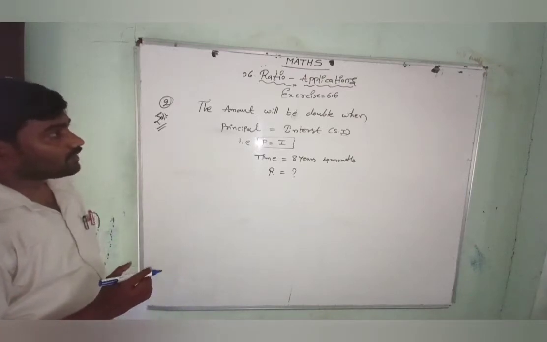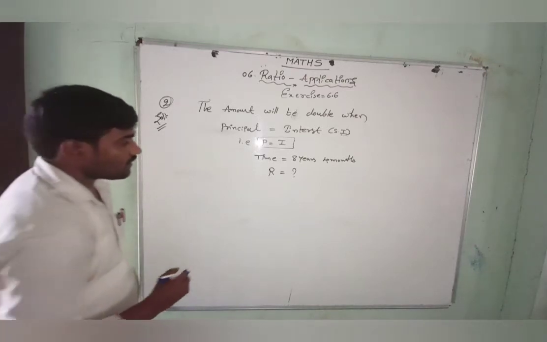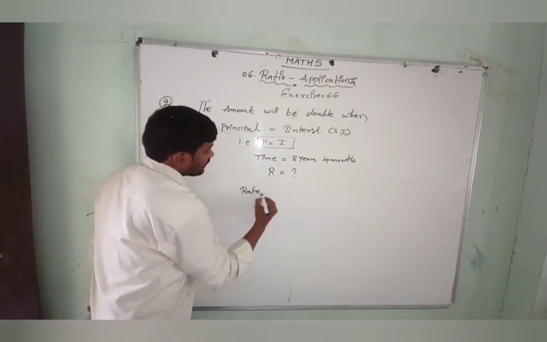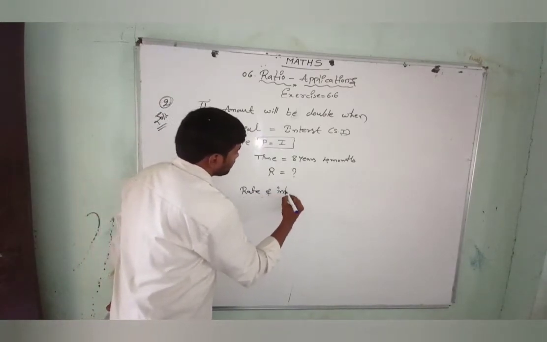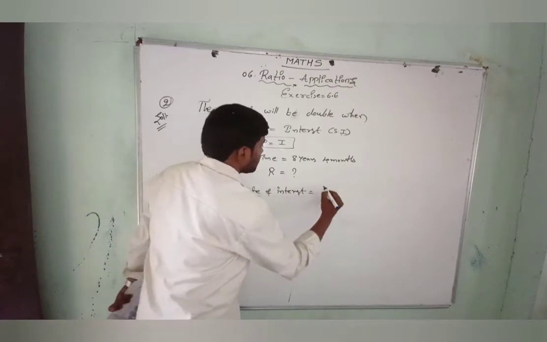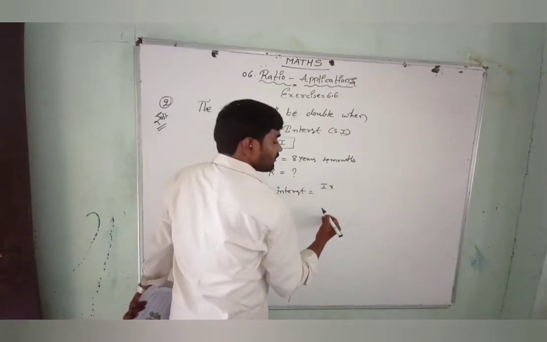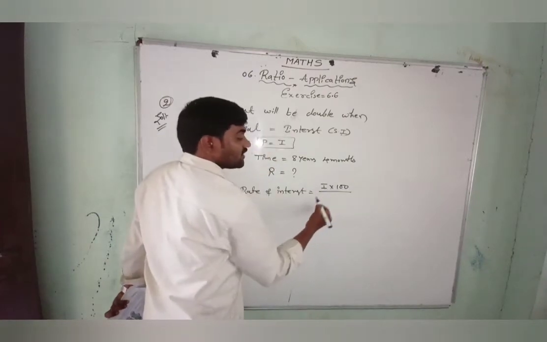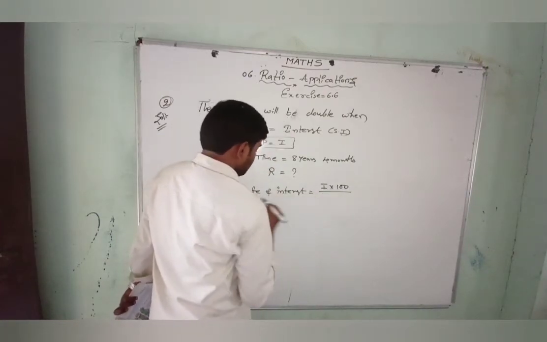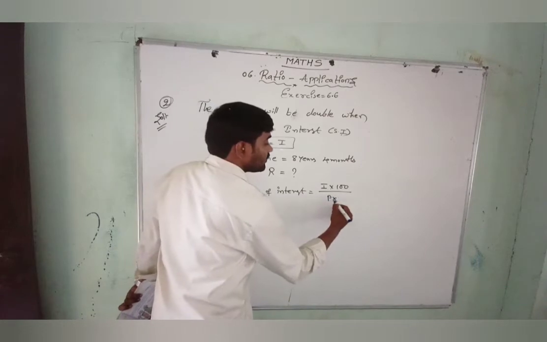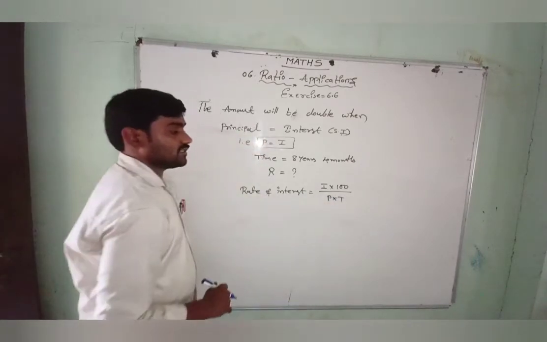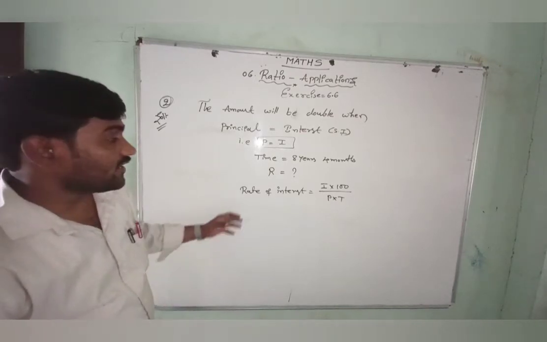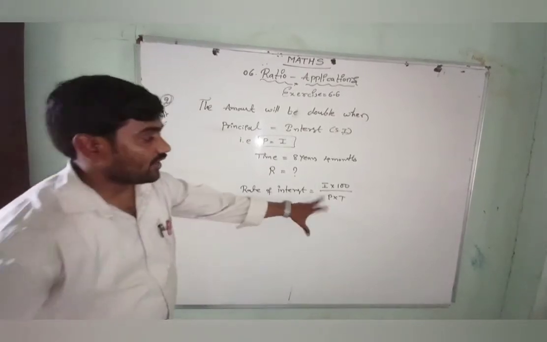So here see that the rate of interest formula is simple interest into 100 by P into T. So this is the rate of interest formula, which is derived from the simple interest formula.